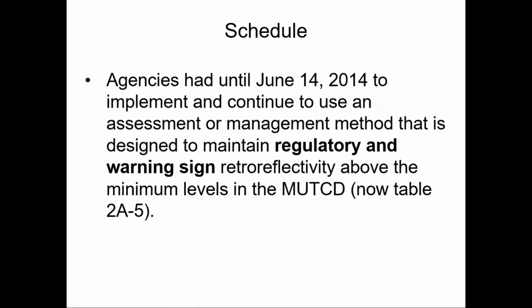In terms of schedule, public agencies had until June of 2014 to implement and continue to use an assessment or management method designed to maintain regulatory and warning sign retroreflectivity above the minimum levels. So originally this included all signs, including guide signs, but notice now the requirement is to have an assessment or management method designed to maintain regulatory and warning sign retroreflectivity above the minimums.